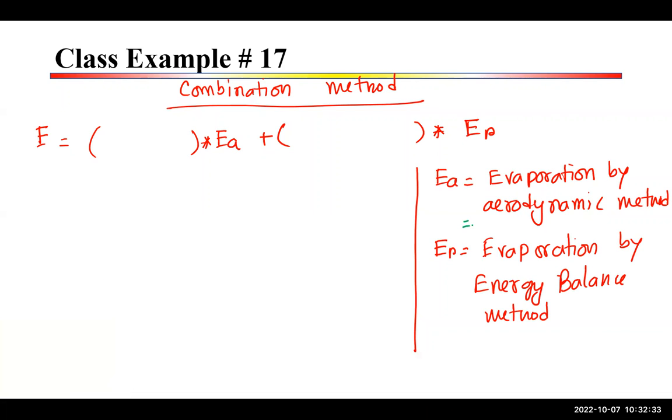Now, we didn't use the same class example for the aerodynamic method. So that's why I just gave you the direct answer for the aerodynamic method. What is the evaporation for the aerodynamic method? 5.9 millimeters per day. And the evaporation by energy balance method, you just did that. What's the answer you got? 6.04 something, right?